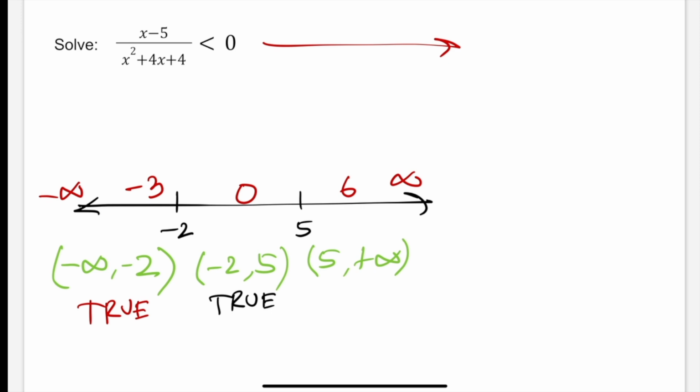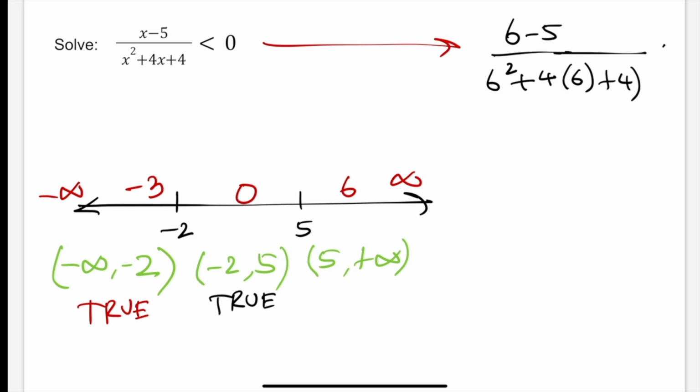All right, let's try the last one. I'll have 6. 6 minus 5 over 6 squared plus 4 times 6 plus 4. 6 minus 5 is 1 on the top. And if you notice, all these numbers are positive. So 6 squared is 36. And 4 times 6 is 24.